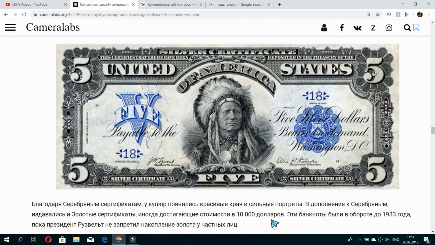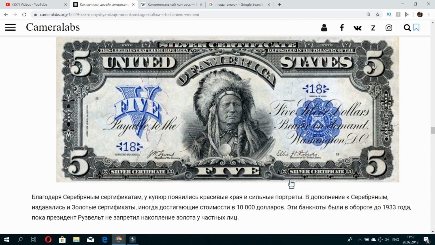Sometimes they reached an amount equal to $10,000. Those banknotes were in circulation until 1933, until President Roosevelt prohibited collecting gold in the private sector, right?